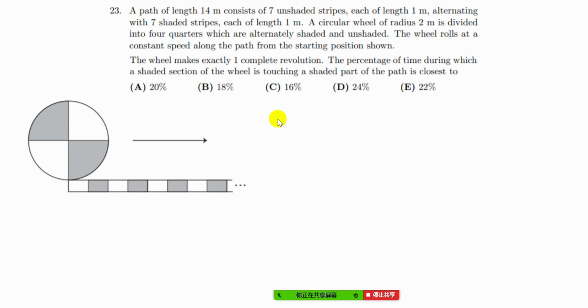The wheel makes exactly 1 complete revolution. The percentage of time during which a shaded section of the wheel is touching a shaded part of the path is closest to: So first, because the wheel isn't really big, we can draw out the rest of the path.